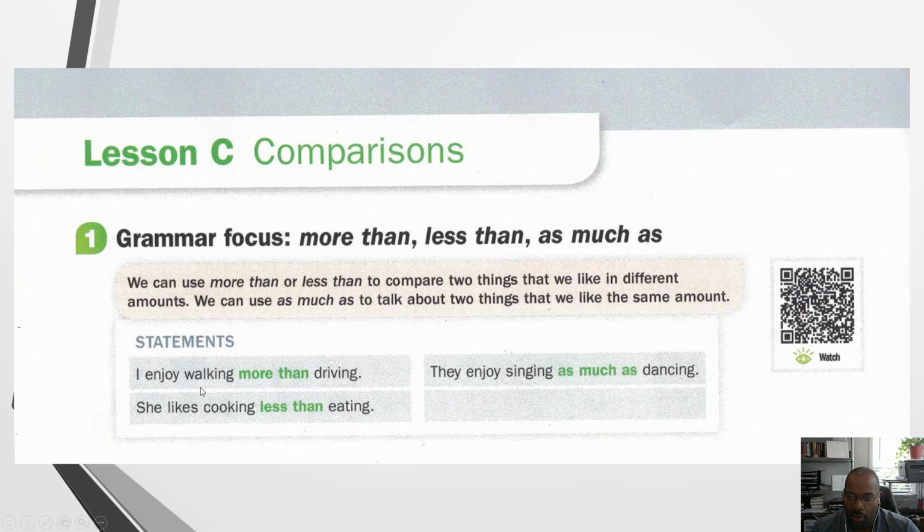That means I like to walk more than I like to drive. Makes sense. She likes cooking less than eating, which means she likes to eat, but she doesn't like to cook. They enjoy singing as much as dancing. So they like to sing and dance the same amount.